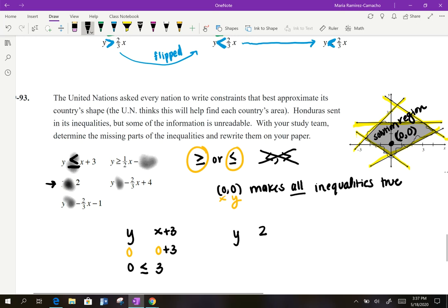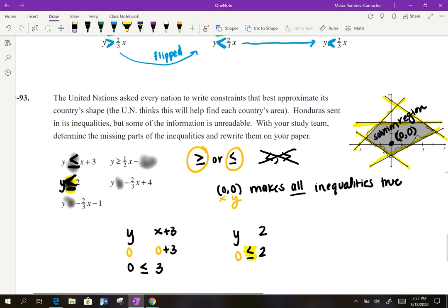We don't have an x here, so just plug in 0 for y, 0 and a 2. Which symbol would make this true? Less than or equal to, or greater than or equal to? Well, 0 is less than or equal to 2. So then this symbol goes here. Less than or equal to. And the y is kind of blurred out too.